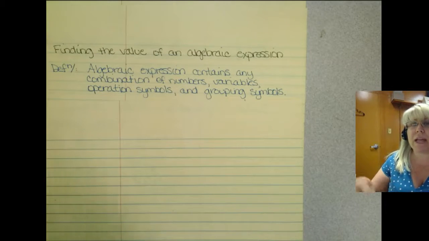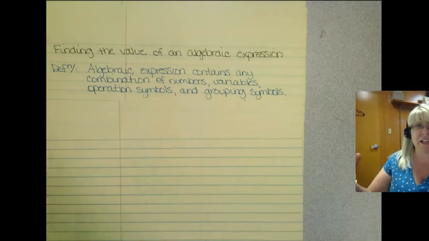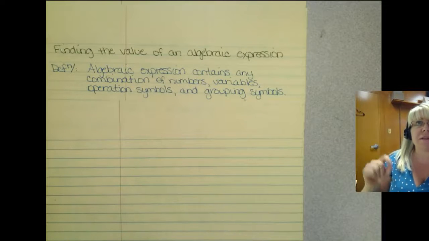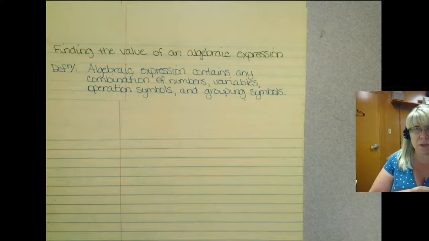Now, why go through the hassle of simplifying algebraic expressions instead of, I don't know, leaving them as they are? Because sometimes it's easier to simplify expressions and then we're given a value for that variable, and then we can plug it in.